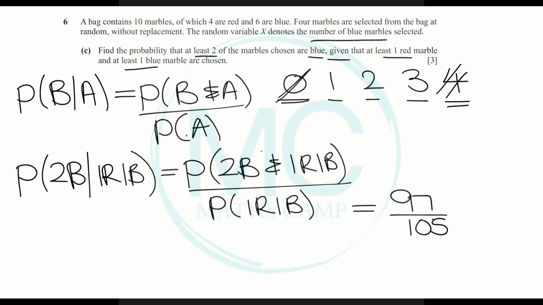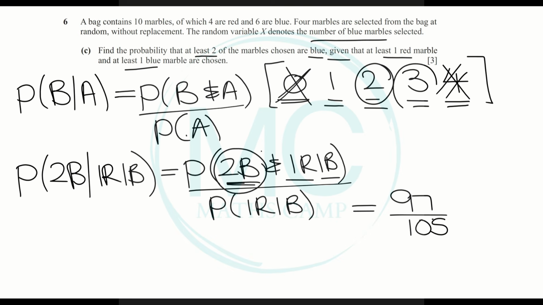Now we need to consider the probability of at least 2 blue marbles and at least 1 red marble and 1 blue marble. We can consider the different number of possible blue marbles to help us. We know that we cannot use 0 blue marbles and we cannot use 4 blue marbles. But if you have 1, 2, or 3 blue marbles, we have at least 1 blue and at least 1 red. But now we also need to consider at least 2 blue marbles. If we have at least 2, we have 2 blue marbles or 3 blue marbles.